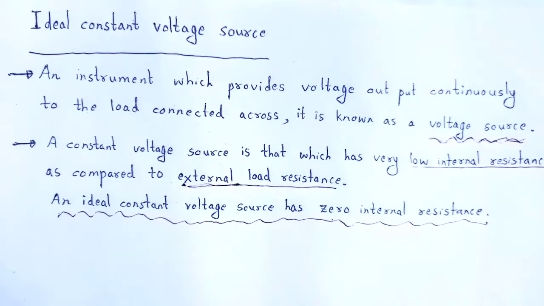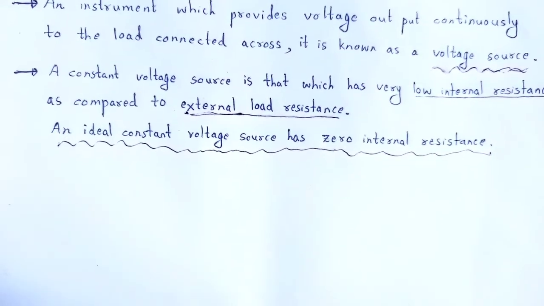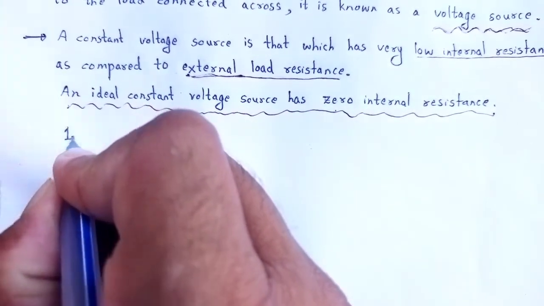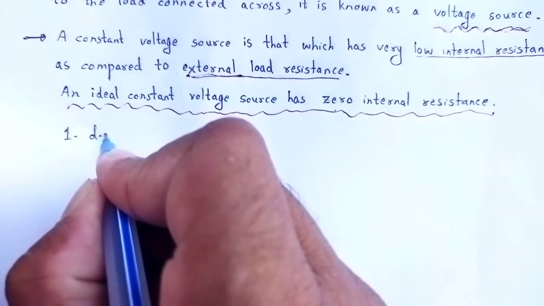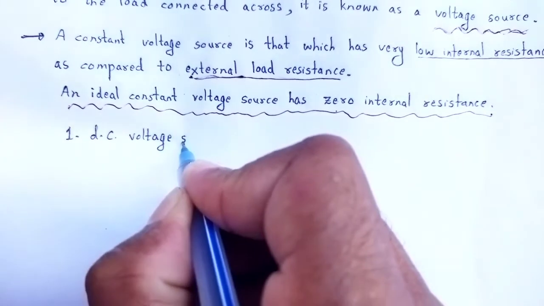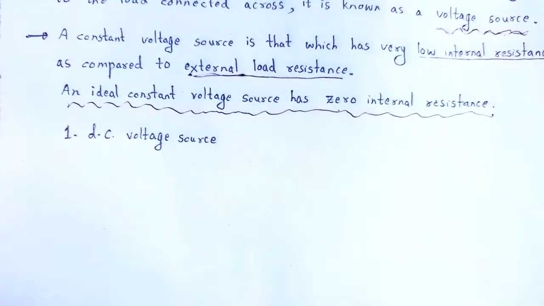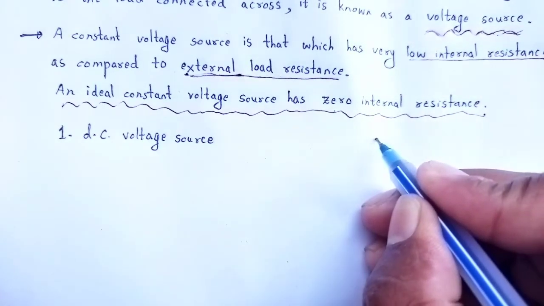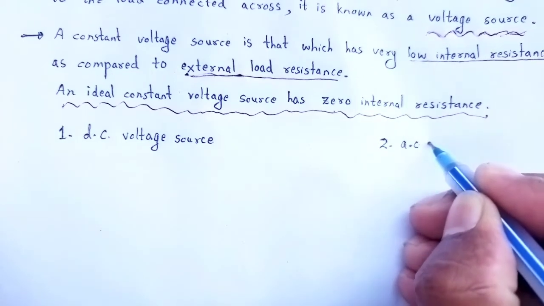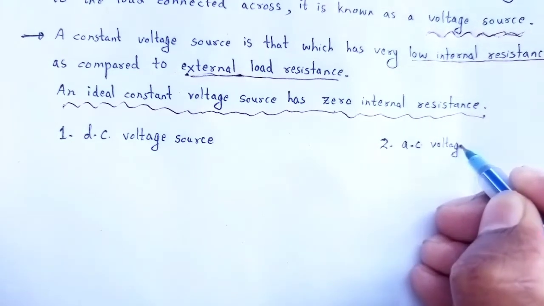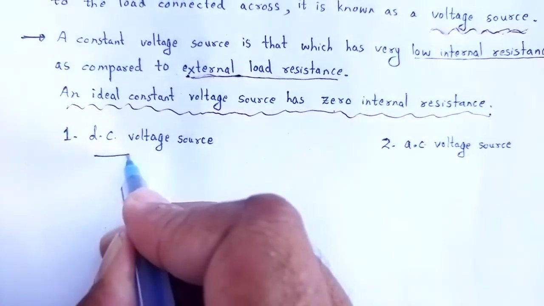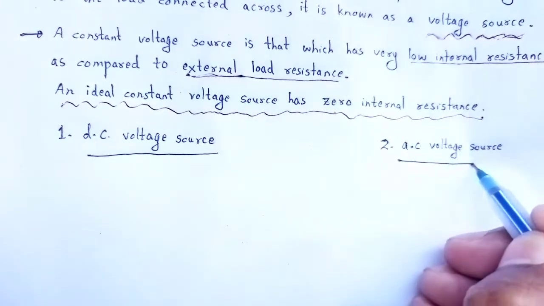One is DC voltage source, another one is AC voltage source.